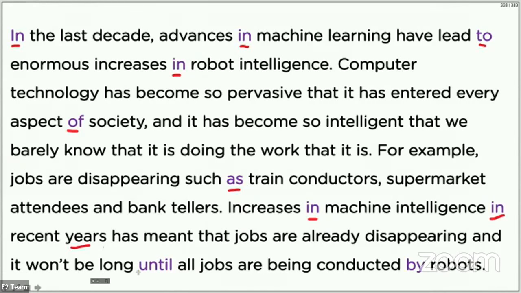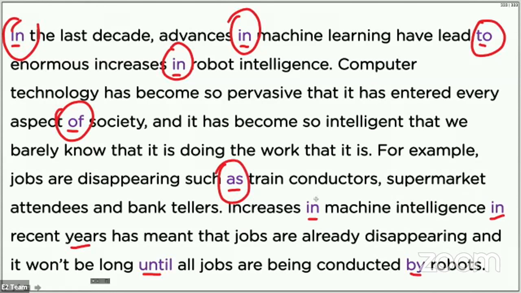It won't be long until and conducted by. So these little purple words here are these short little prepositions that hold the sentence together. They show sort of location and time. They're like little bits of glue, and you need to get them right because they have a big influence on the accuracy of your writing.